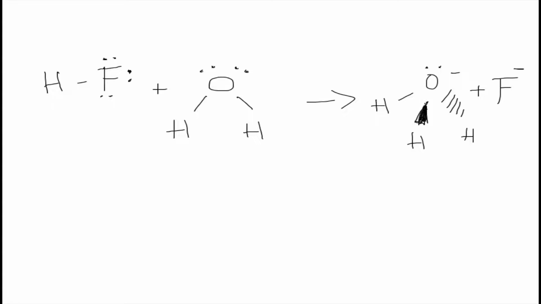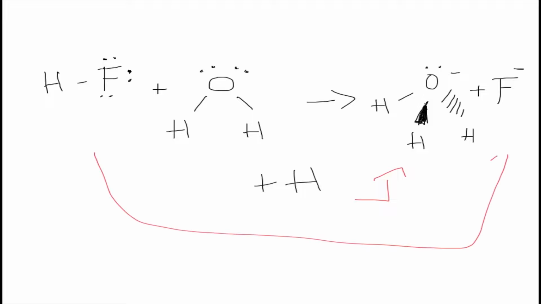And that is because we have more visible lone pairs, more visible electron pairs. However, when you see the reaction, where you're trying to understand it a little better, you can notice that our water, right here, gained one hydrogen to form this hydronium right here. And that our HF is now F minus.